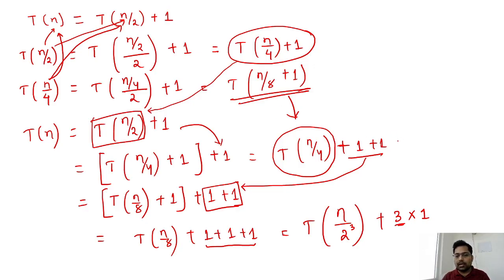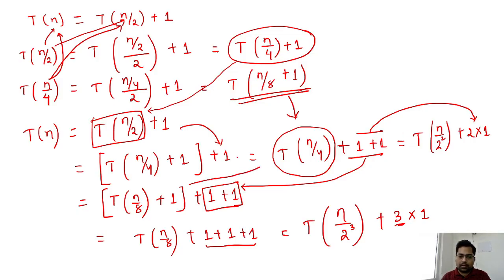To simplify that, I can write 2 to the power 2 there, plus 2 into 1 also. Like here also the same thing I can write, not an issue. Here I am saying done. So 2n square, instead of 4 I can write 2n square. So here you can check, we got a pattern. Let us think, running for k times, running for k times.